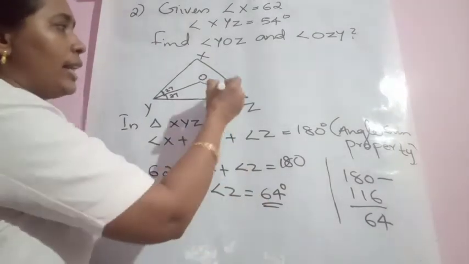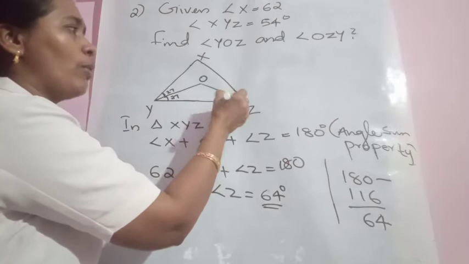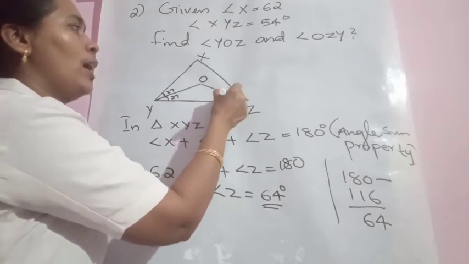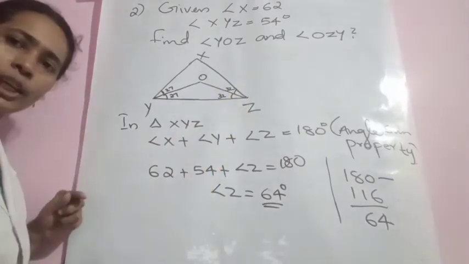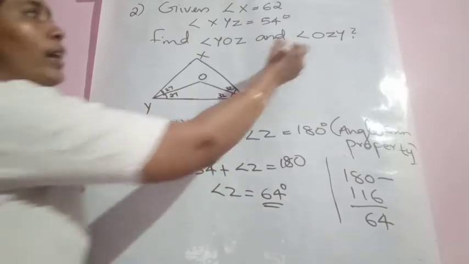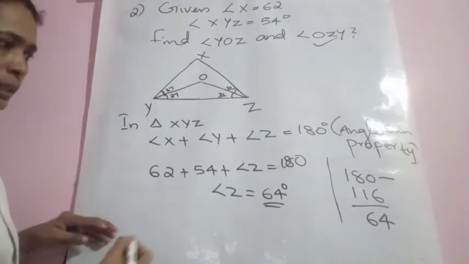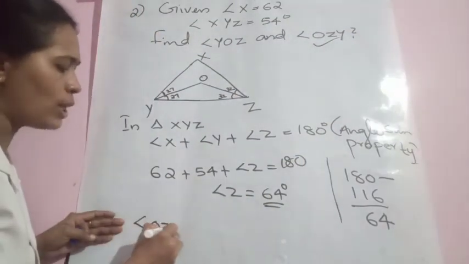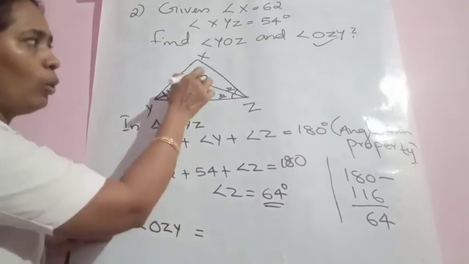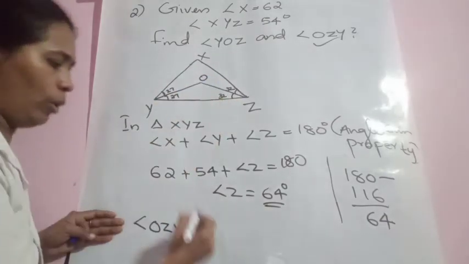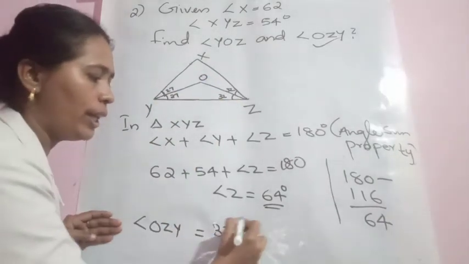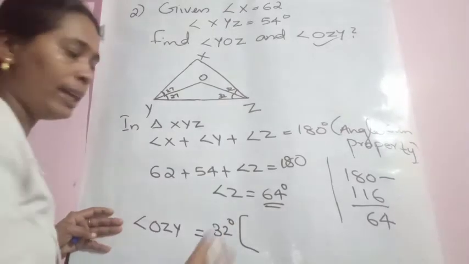Total angle Z is equal to 64. So what will be the measure of each piece? 32, 32. That is our required answer for the question, angle OZY. Look, OZY equal to 32 degree. What is the reason?